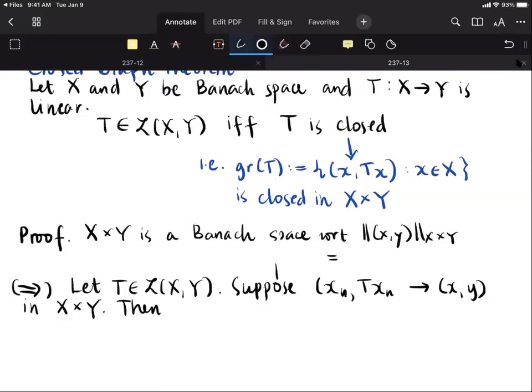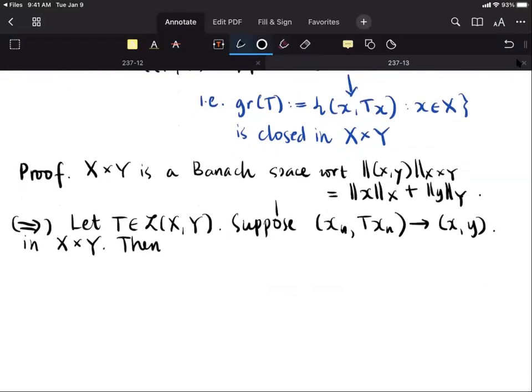There are several ways to define it, but let us take this one. So with this norm, you can easily show that xn tends to x in capital X, and Txn tends to y in capital Y.